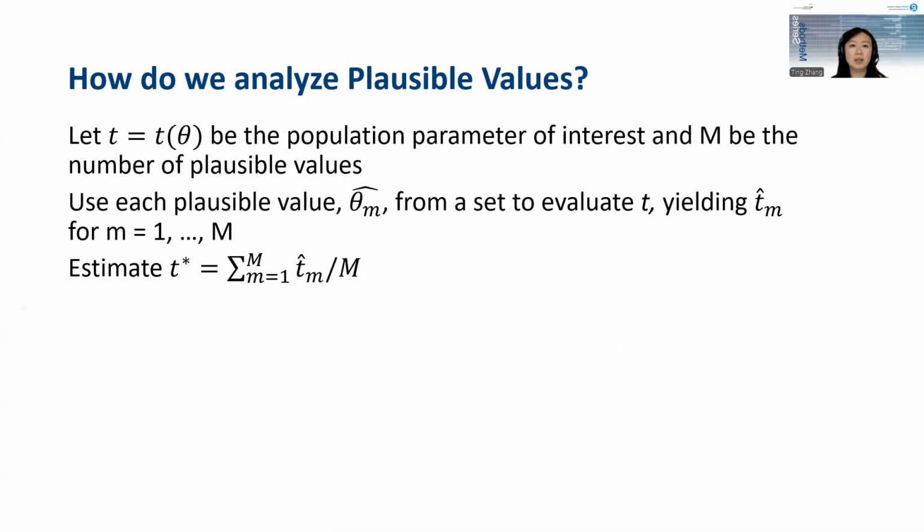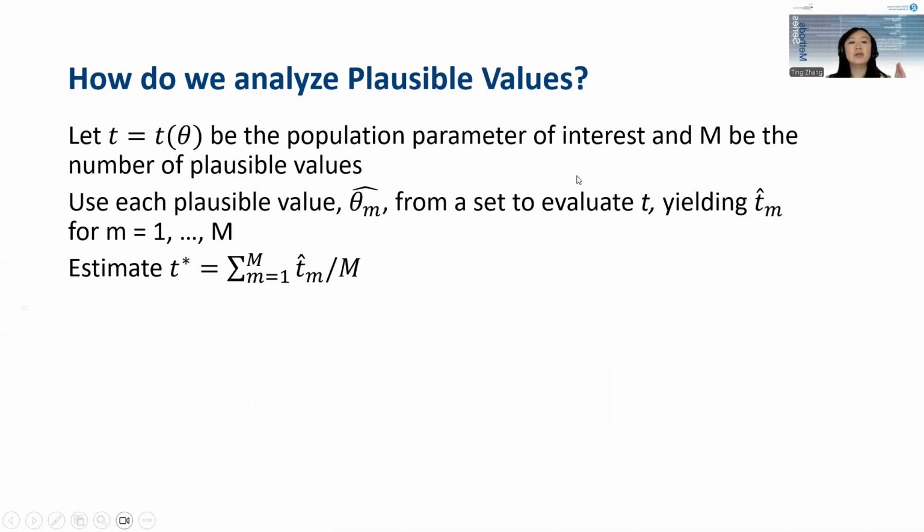Let T be the population parameter of interest, for example, the mean scores of literacy, and M be the number of plausible values. In our case, in the PIAAC case, M equals 10.